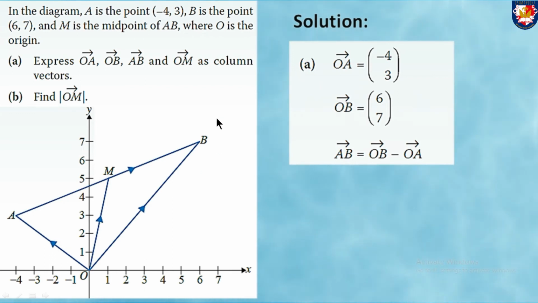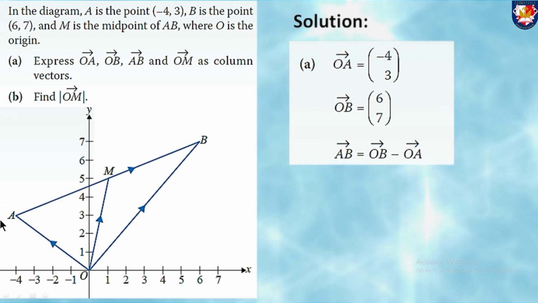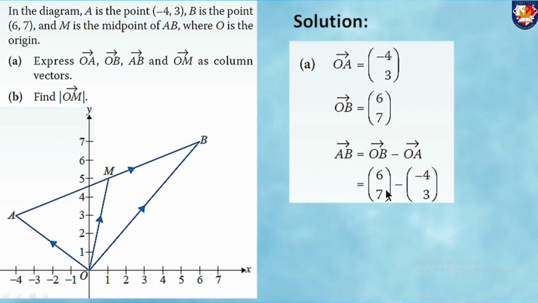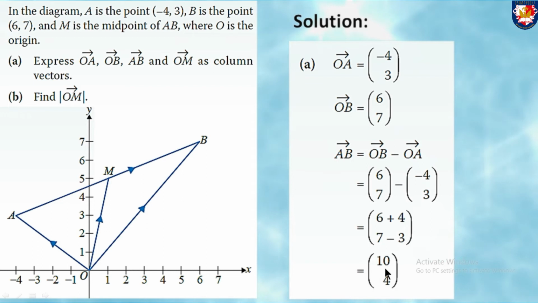Vector AB is the position vector of the terminal point minus the position vector of the initial point. We have found OB and we have found OA, so AB equals 10 and 4.